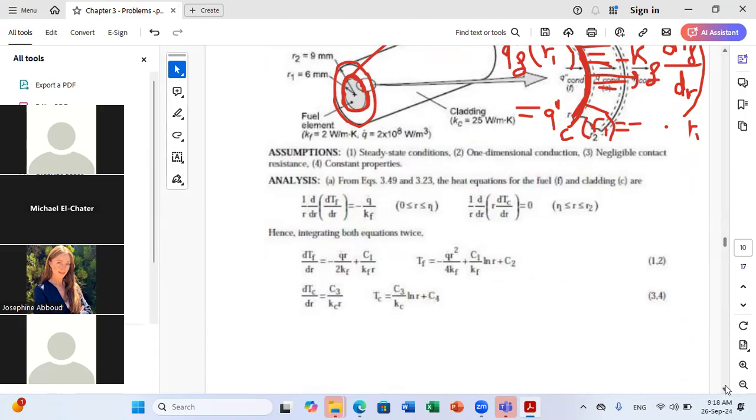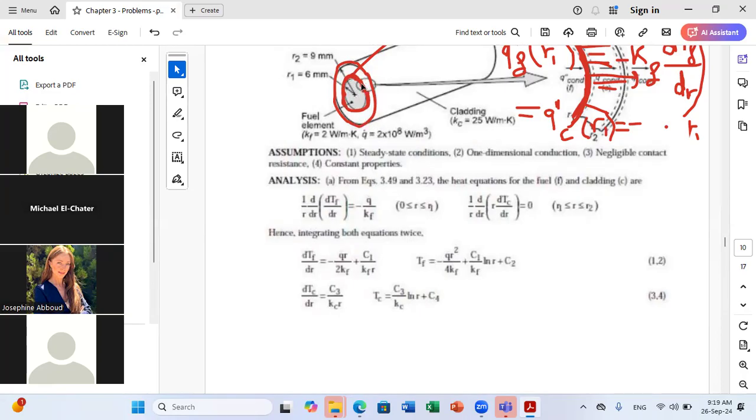what we can use. First, within the fuel element you have symmetry. That's why the temperature gradient at the center will be 0. You will have maximum temperature at the center and dissipation in all directions. So because of symmetry in the fuel element, the maximum temperature occurs at the center, so dT by dr for the fuel element at the center is equal to 0.